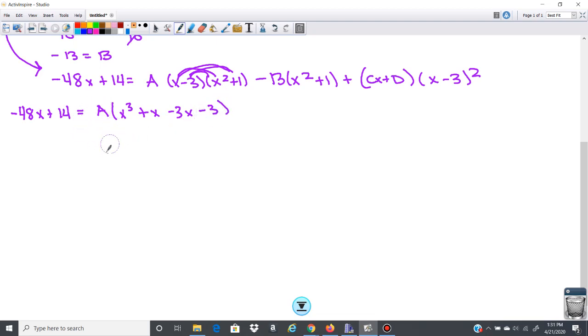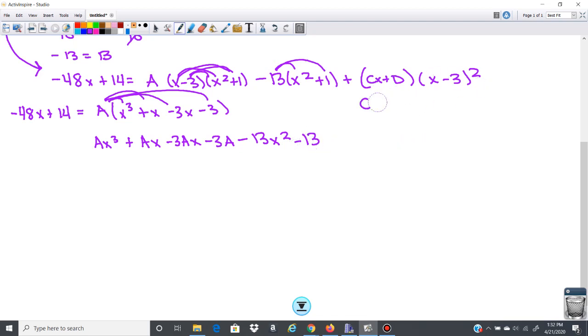If I distribute the A, I get Ax cubed plus Ax minus 3Ax minus 3A. Okay, when I take that and distribute everything, then here I'm going to get negative 13x squared and minus 13.